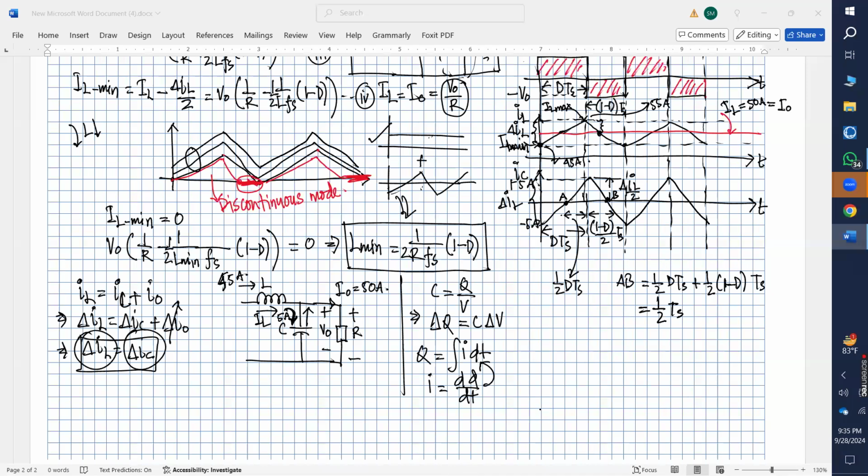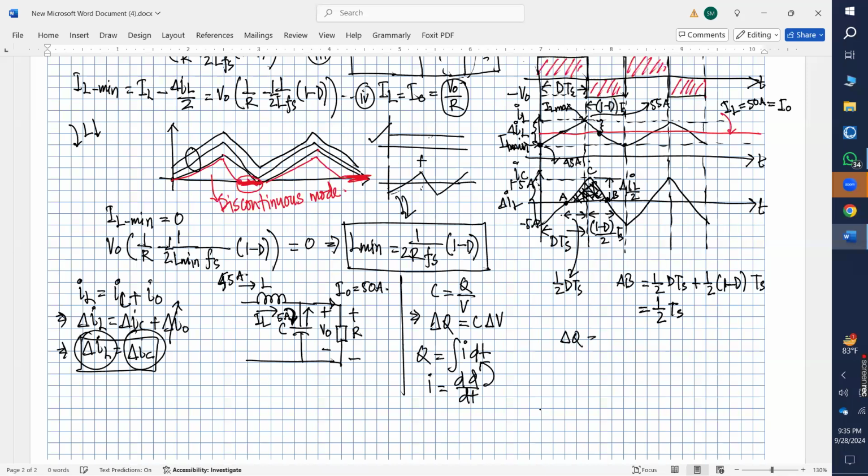So now, if we want to get the total charge, this is current, right? And if you take the integration, you will get the charge, right? Integration means getting the area under the curve, right? So suppose this is ABC. What should be the area of triangle ABC?